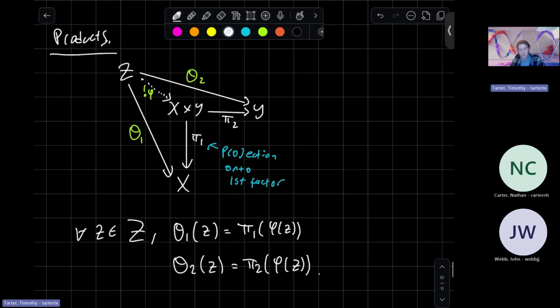We call this type of commutative diagram that's always true in any category a universal diagram.